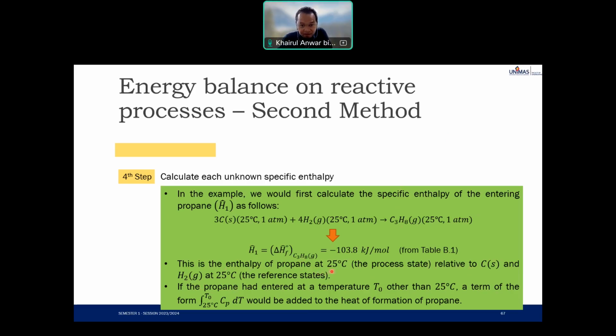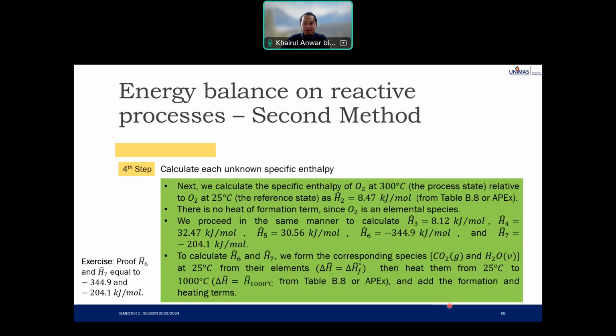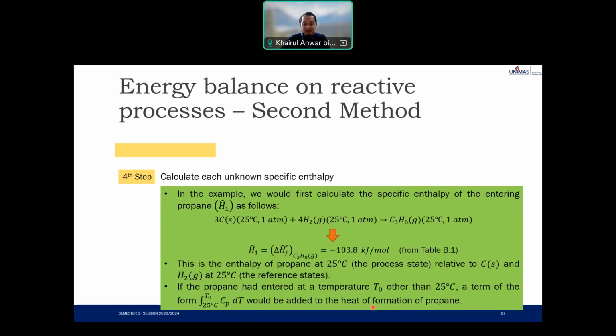This is the enthalpy of propane at 25 degrees C, relative to C and H2 at 25 degrees C. If the propane had entered at a temperature other than 25 degrees C, a term of this form, integral from 25 to T naught, would be added to the heat of formation of propane.